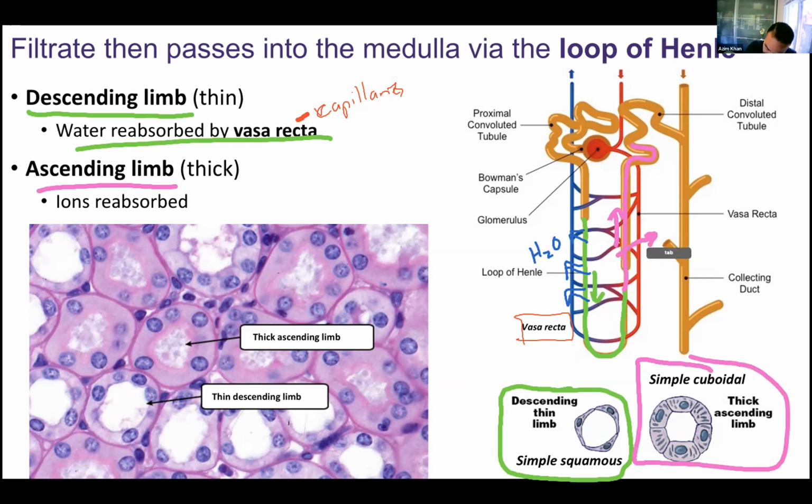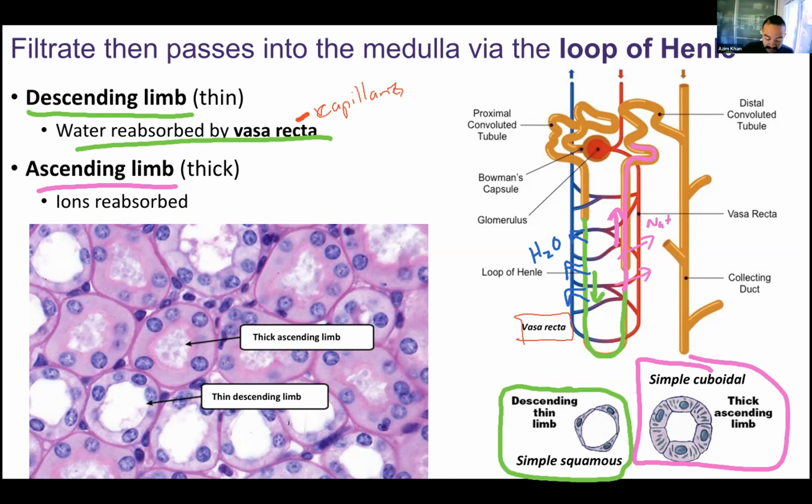Things like sodium. Actually, potassium might not be the best example. Let's just go with sodium for now. Sodium can be reabsorbed in other ions.